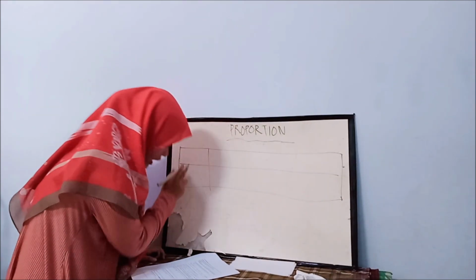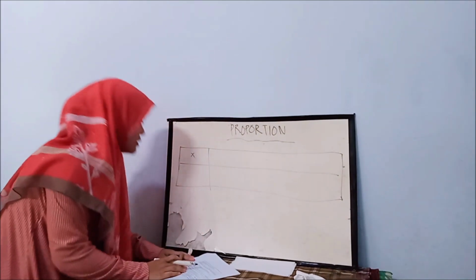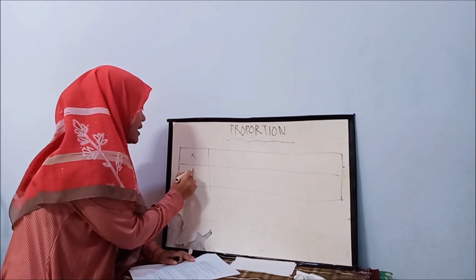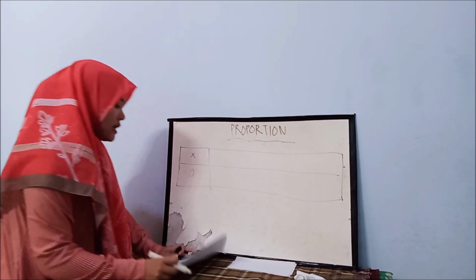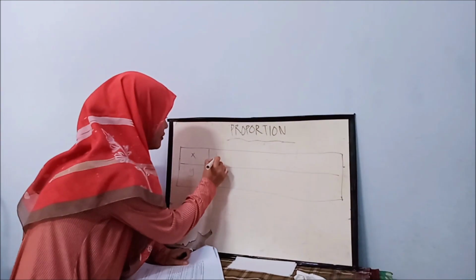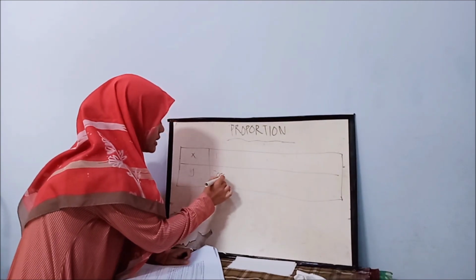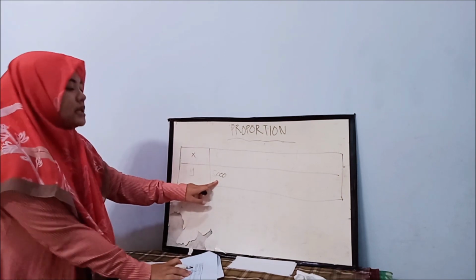This one is the total of ticket, we symbolize by X, and for the total cost we symbolize by Y. The number we choose is 1. For 1 the cost is equal to 5,000. Why 5,000?